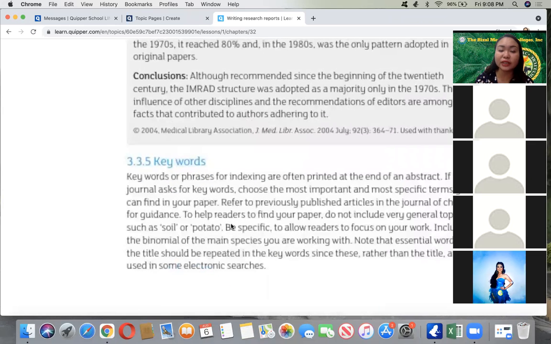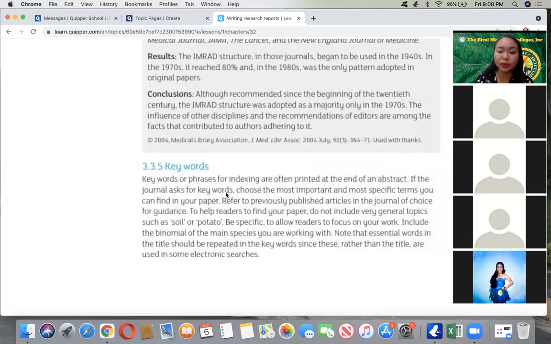So next after the abstract are the keywords. Why do we use keywords? Because with keywords, you don't only copy the title. You talk about topics that your paper or title fits.